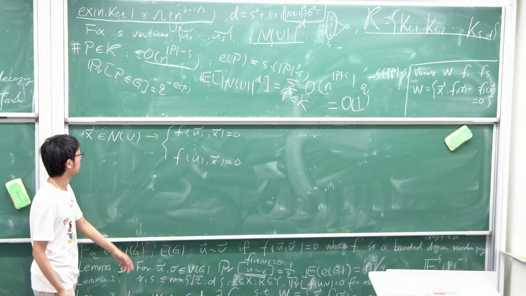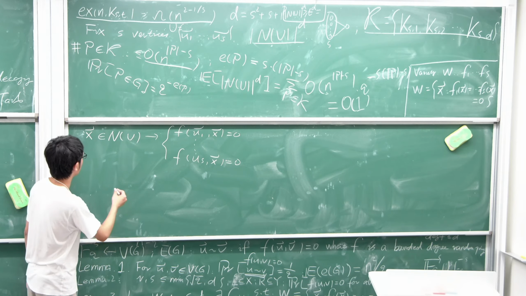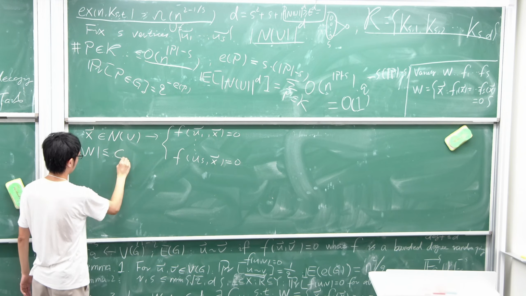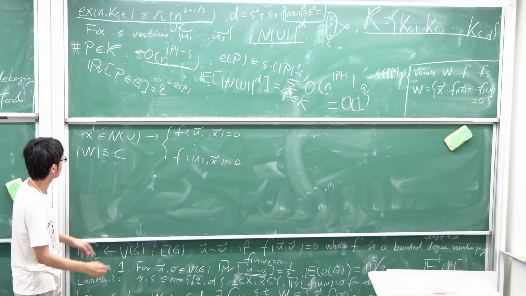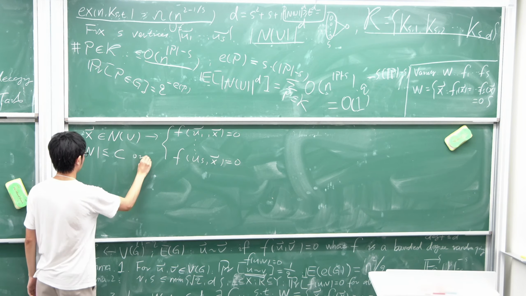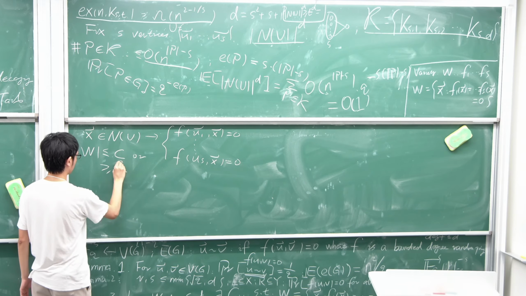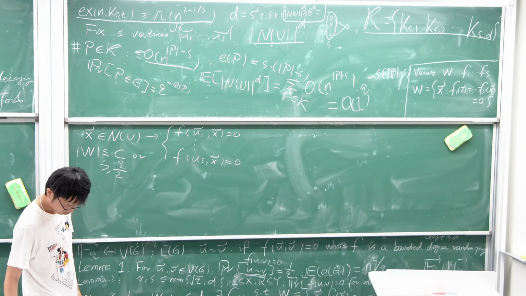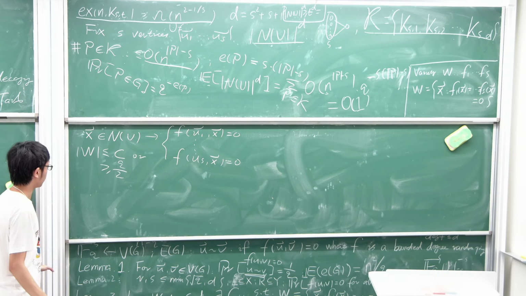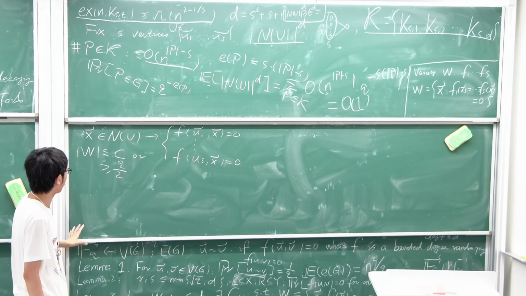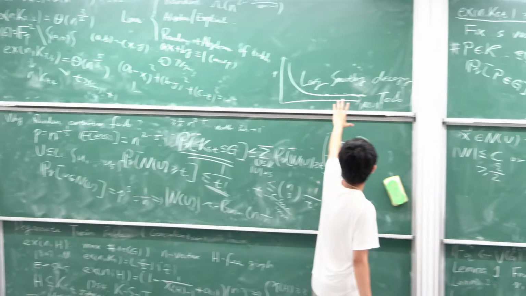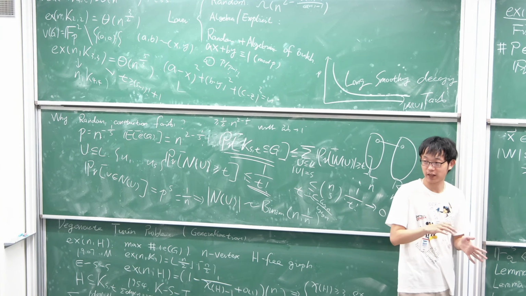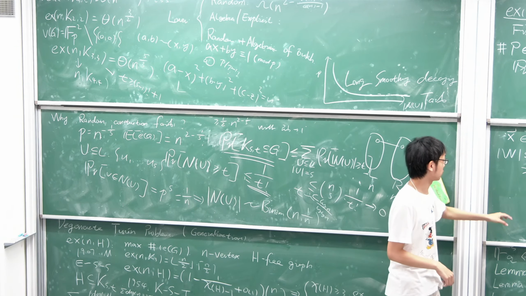The third lemma means that W is either at most a constant or larger than Q over 2. Why is this helpful? Because the distribution is not smooth again.